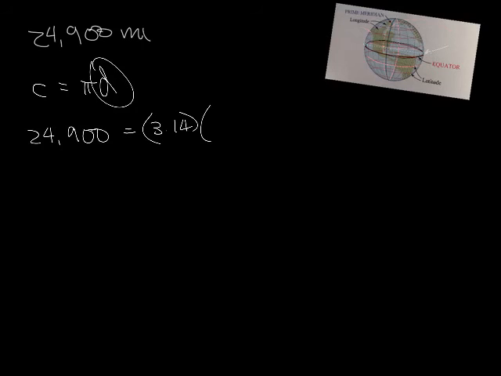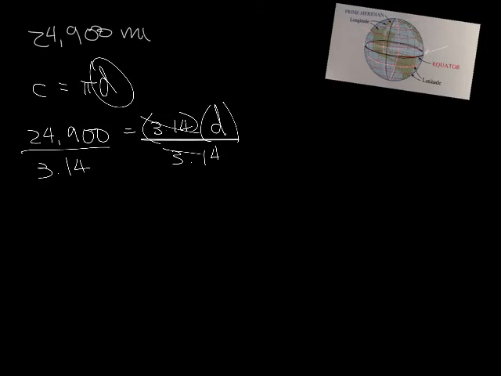So given the information that we have, they have given us just the circumference. So we know circumference equals pi times diameter, and we're looking for the diameter. We know the circumference is 24,900, and that equals pi, 3.14, times the diameter. Now algebraically, you know that any number multiplied by your variable is going to be divided on both sides to get rid of it on that side.